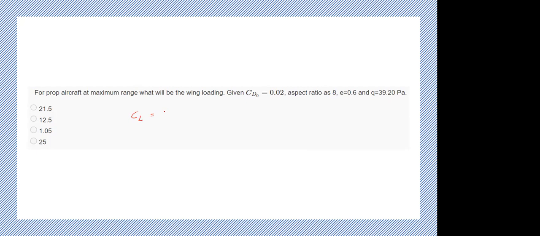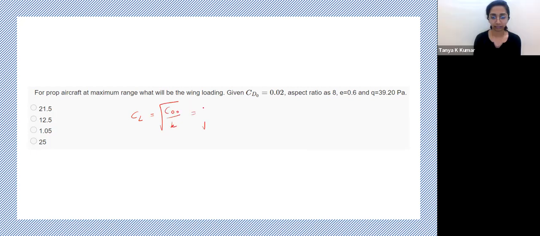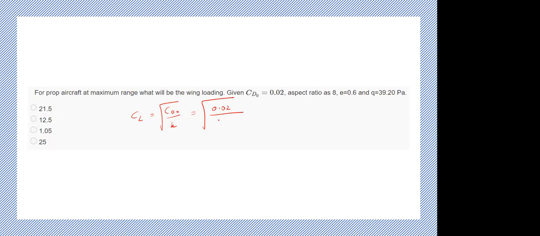For maximum range, it should be under root CD naught by K. So we will write that CD naught is 0.02. K, what was K? 1 upon pi e AR.